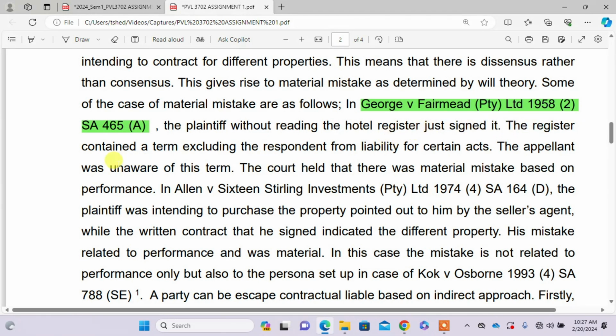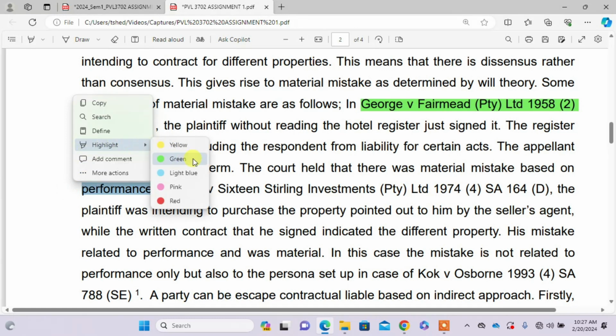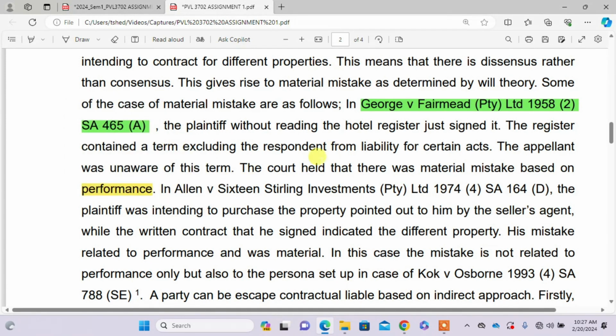The register contained a term excluding the respondent from liability for certain acts. The appellant was unaware of this term. The court held that there was material mistake based on performance. Let me highlight this one because it's very important. So here the material mistake was based on the performance.